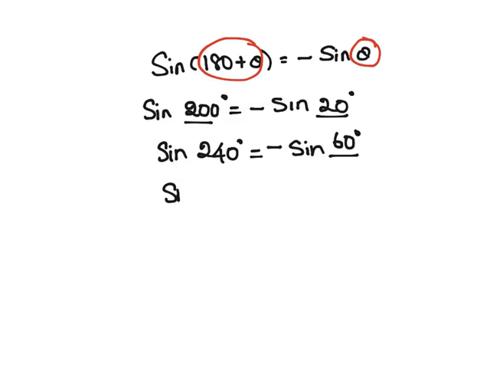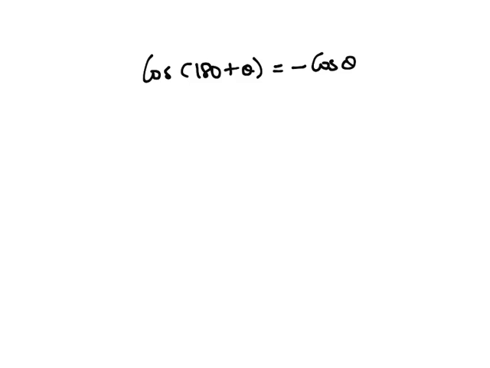In the same way, sine, let's say 210 degrees, will be the same as minus sine 30 degrees. You can see that the difference between 210 and 30 is 180 degrees.